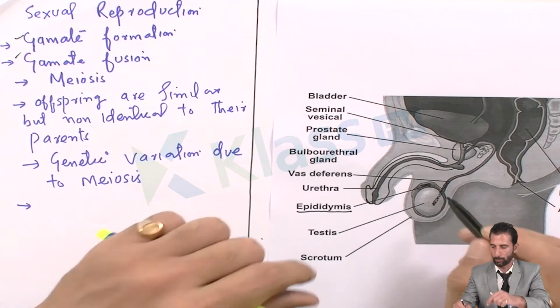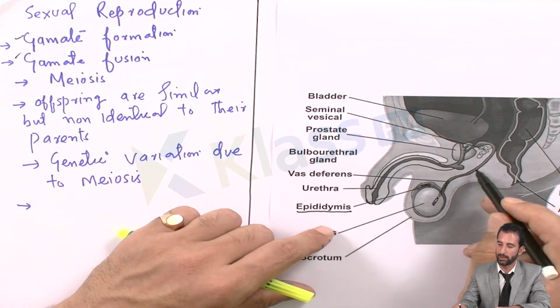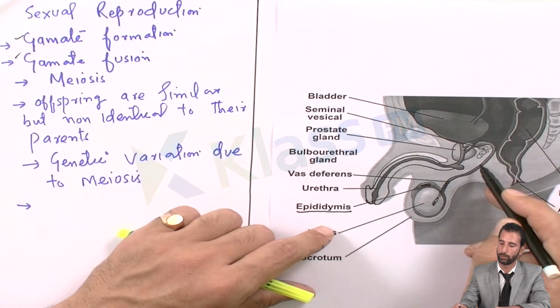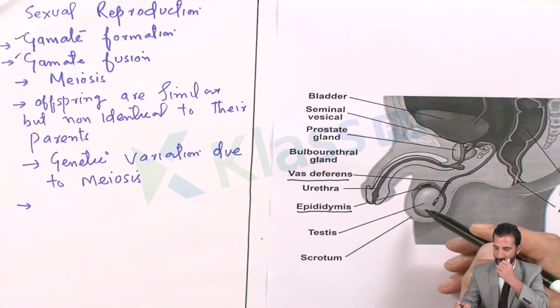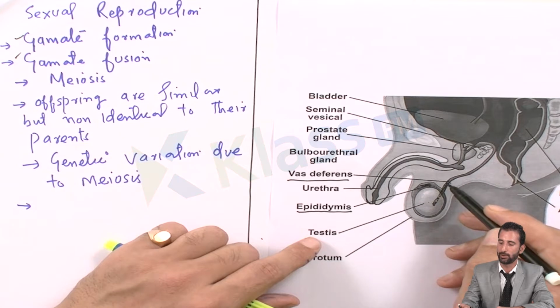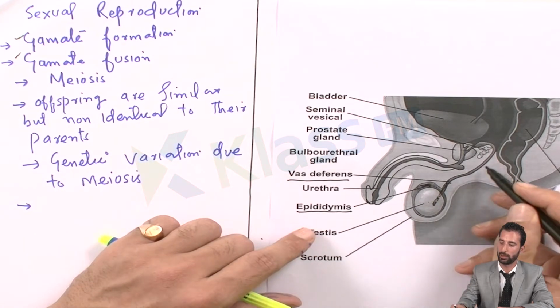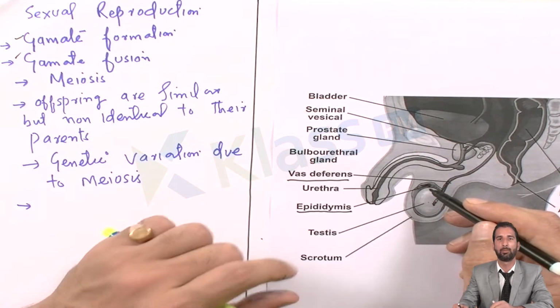The epididymis is further connected by a coiled tube called the vasa deferens, so the sperms are further transported from the epididymis via the vasa deferens. In the epididymis, sperms acquire motility.